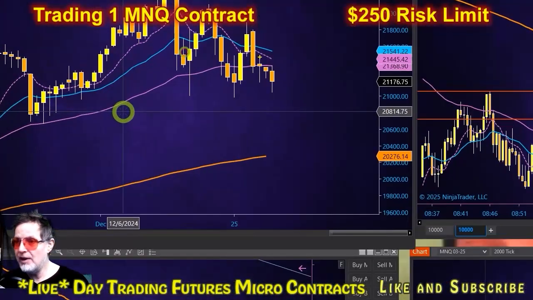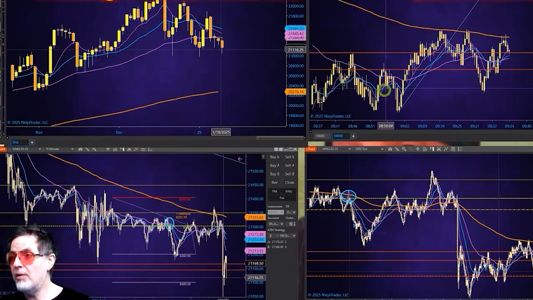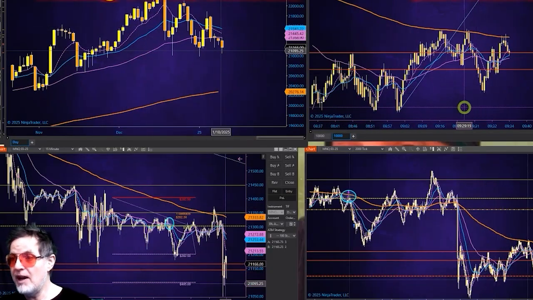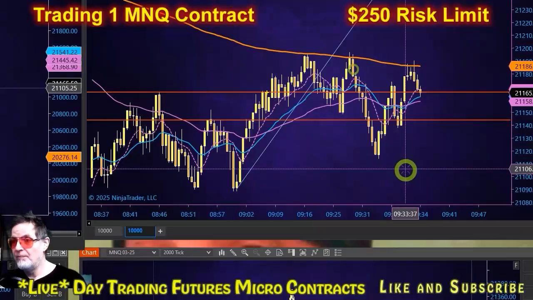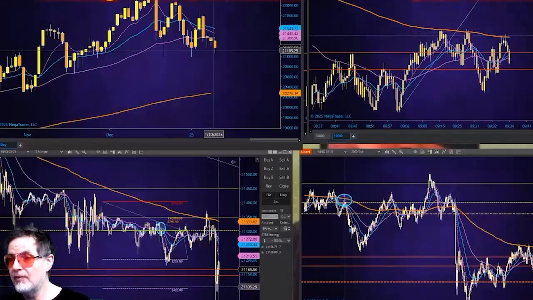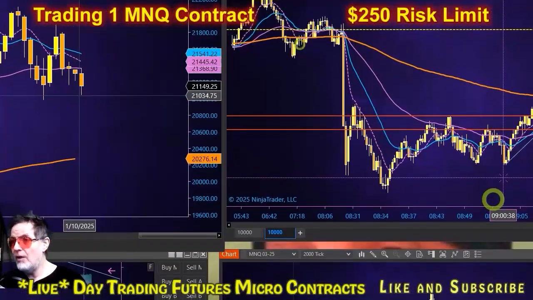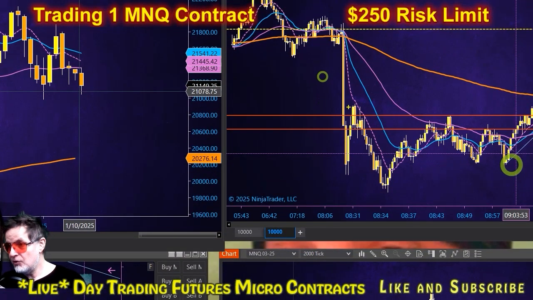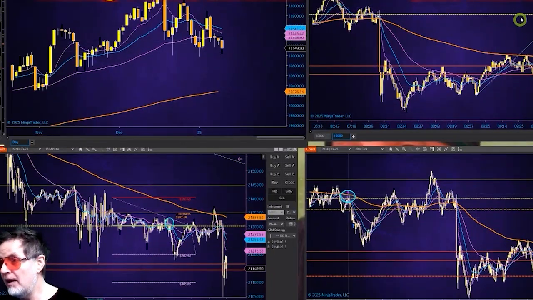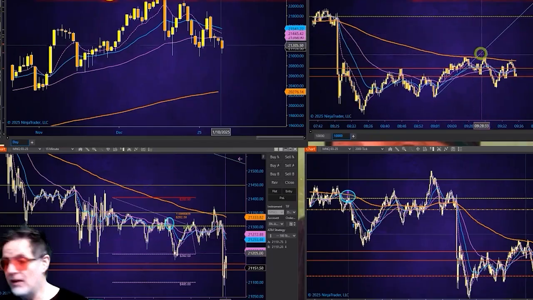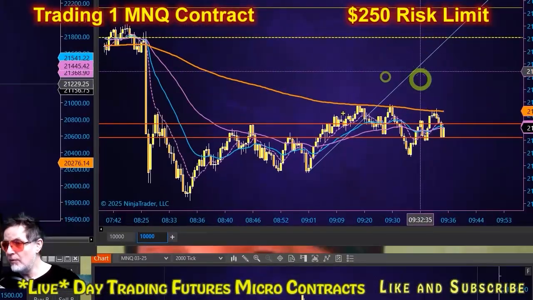But it could also just simply be chopping around in this area. I don't know if it's going to break down. It might continue to go up for all we know. But what we do know right now is that price is below all the moving averages. Now these red lines are also previous day's lows. And we can see how when it fell below on the news that it struggled to get up over that, and even right now it's chopping around, doesn't know which way it wants to go.